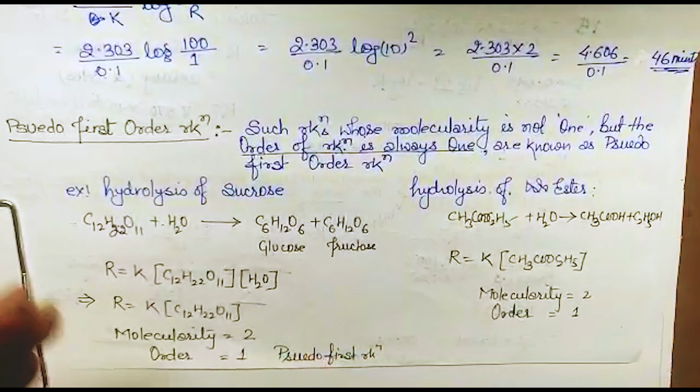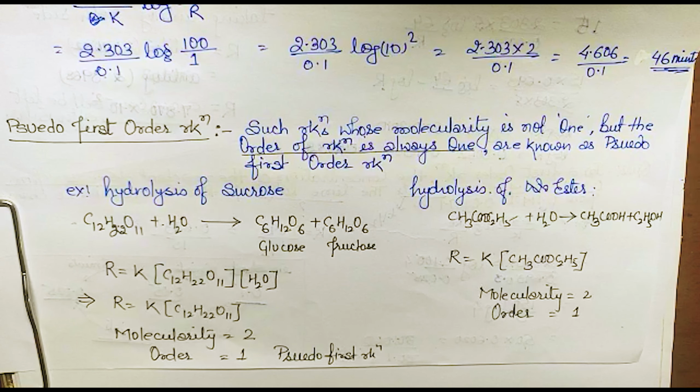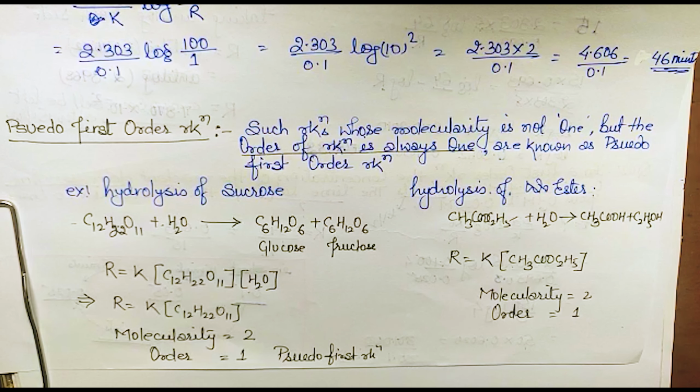Got it? And one more trick I'm going to give you. If in the question it is written that A and B react with each other to give AB or C or D, whatever, and in that B is in excess, what will be the order of reaction and what will be the molecularity of the reaction? So what will you say? See, if any reactant is in excess, the rate of reaction doesn't depend on that.